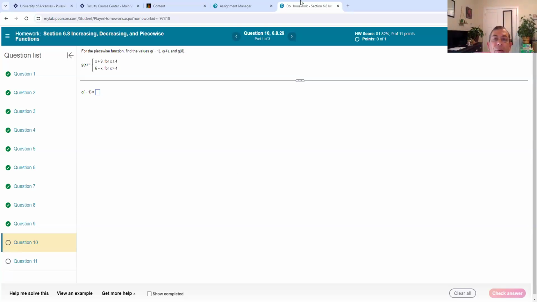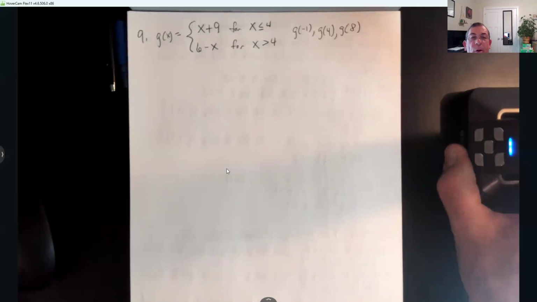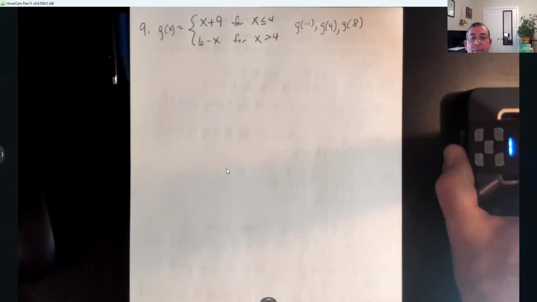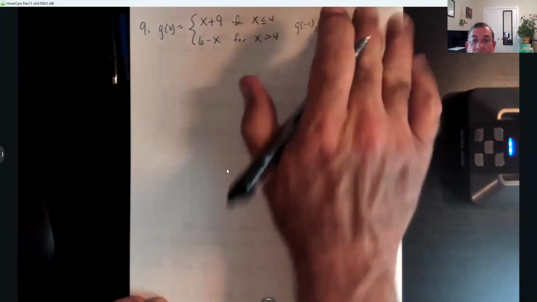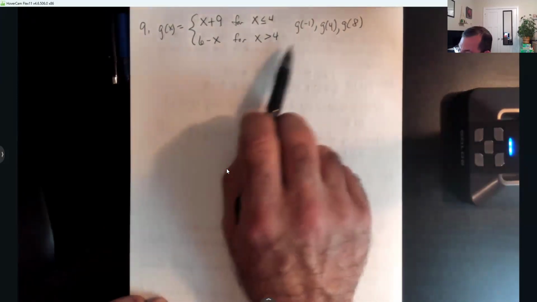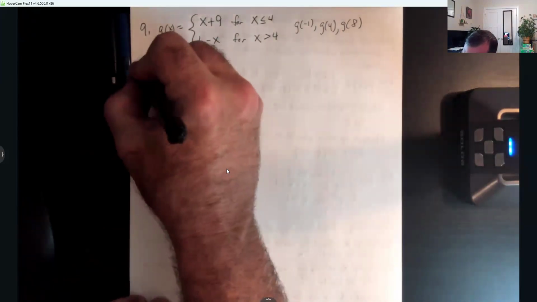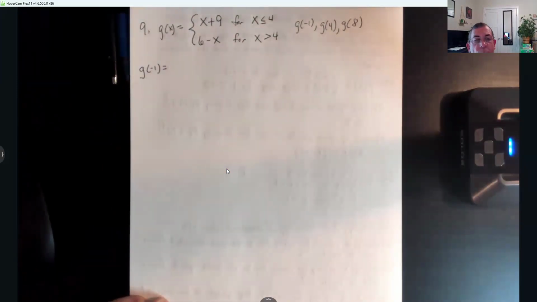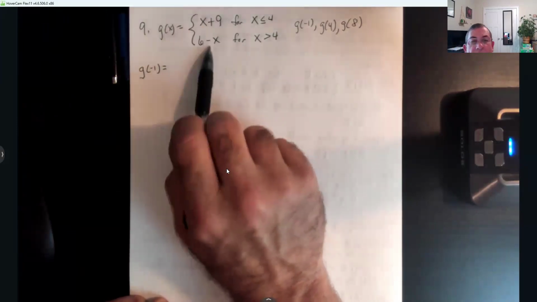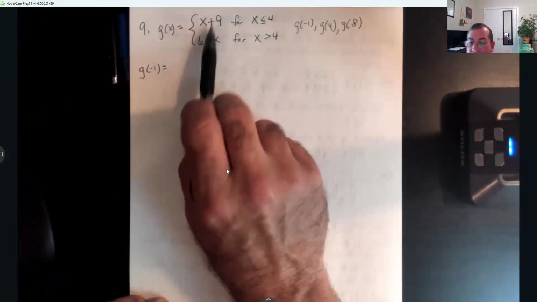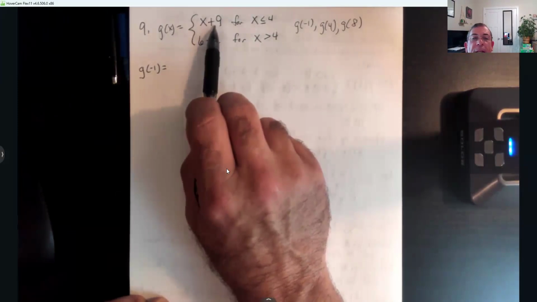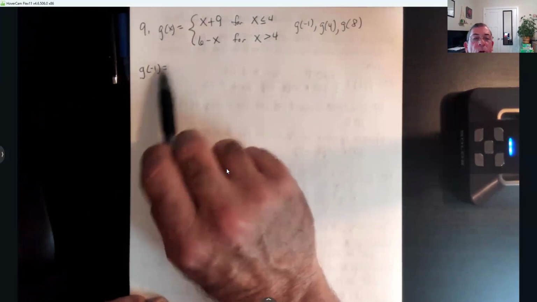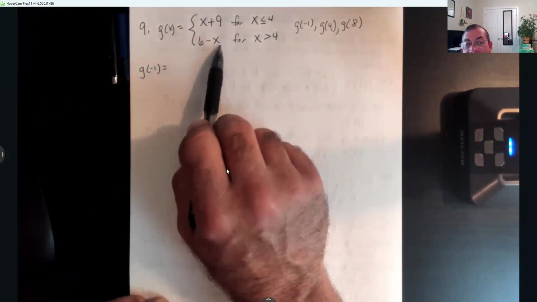All right, so let me show you how I do these. They're not too bad. You just got to play with them domains. So we're looking for g of negative 1. The first question I got to figure out is which one of these equations would I use? Will we use the x plus 9 equation for negative 1, or will we use the 6 minus x equation?